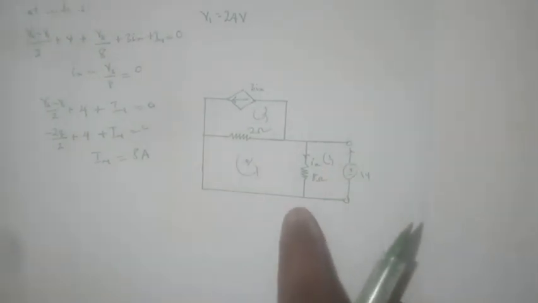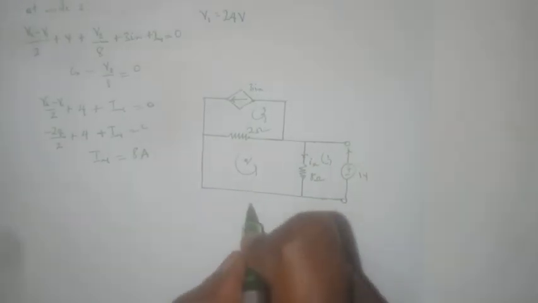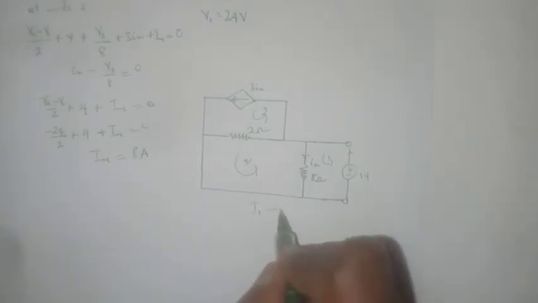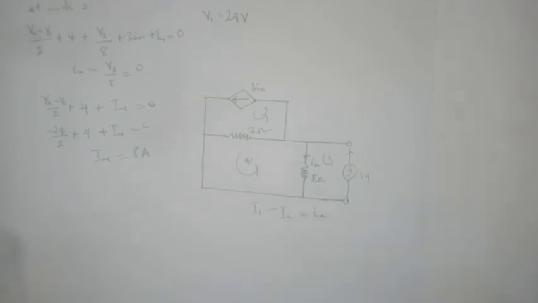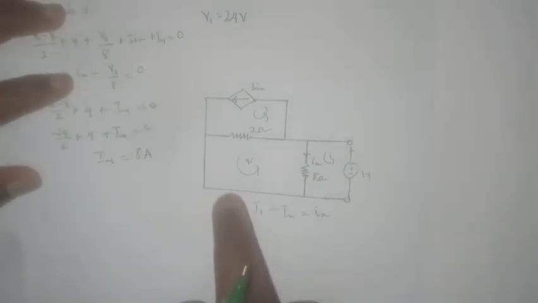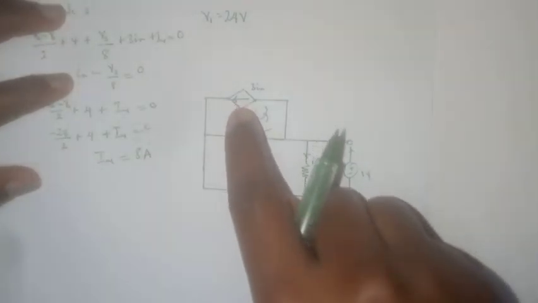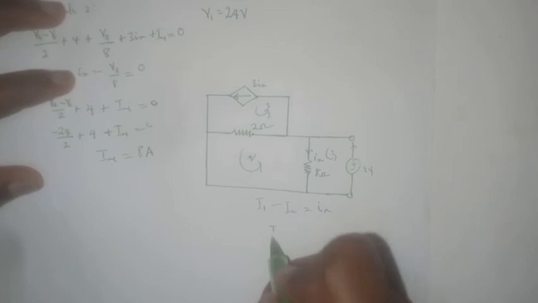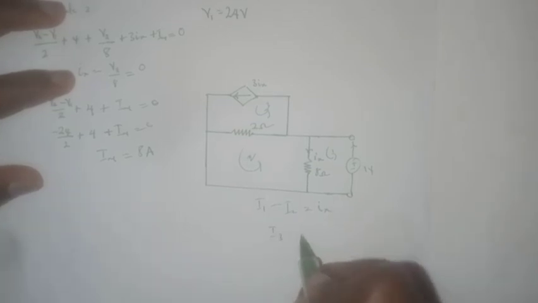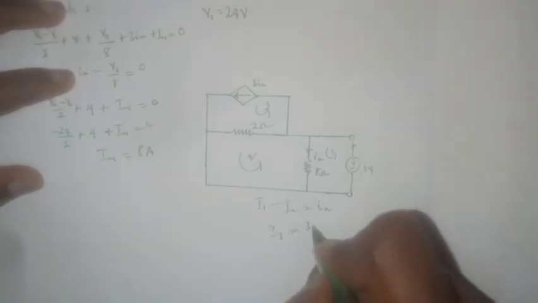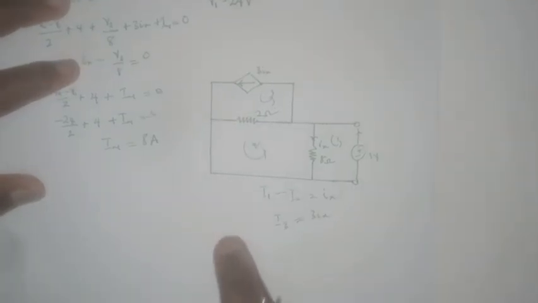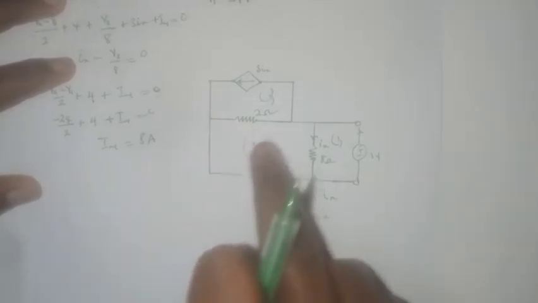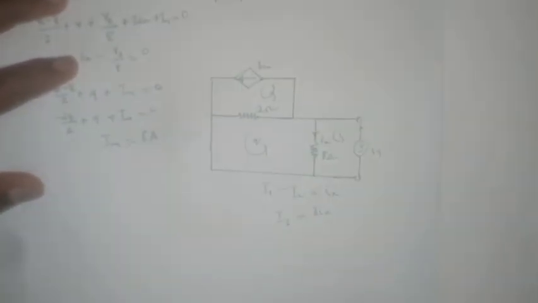We know that I1 minus I2 equals Ix, and we know that the current here, I3, is 3Ix. Then we can proceed to write a KVL equation in this loop.